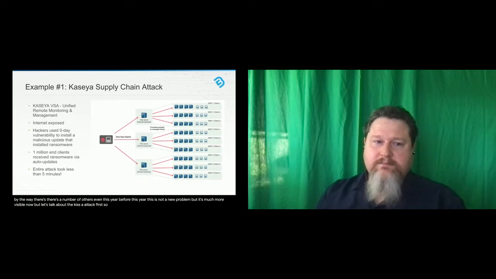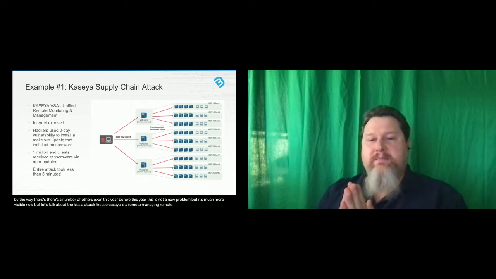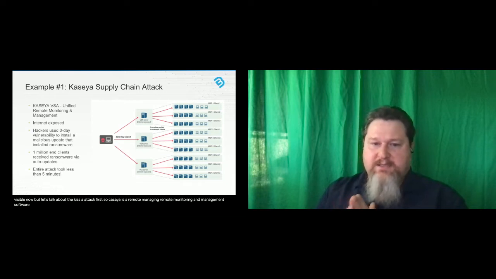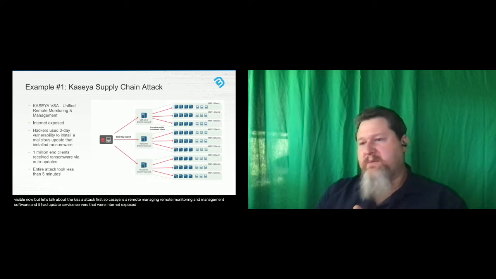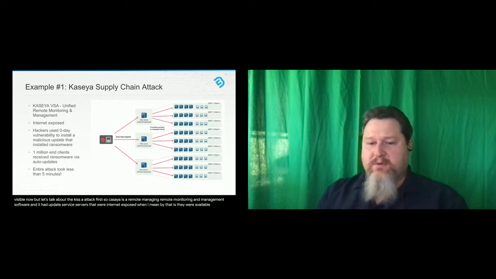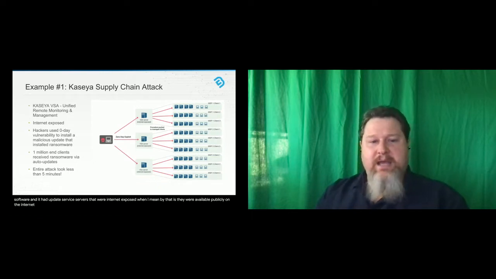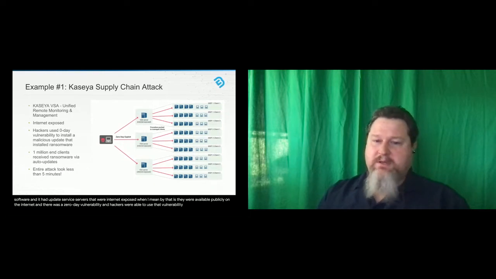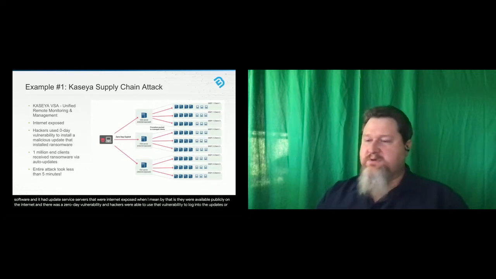Kaseya is remote monitoring and management software, and it had update servers that were internet exposed, meaning they were available publicly on the internet. There was a zero-day vulnerability, and hackers were able to use it to log into the update servers and upload a malicious update.